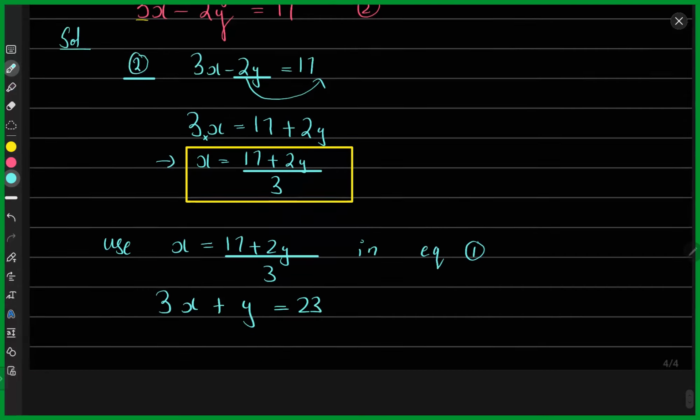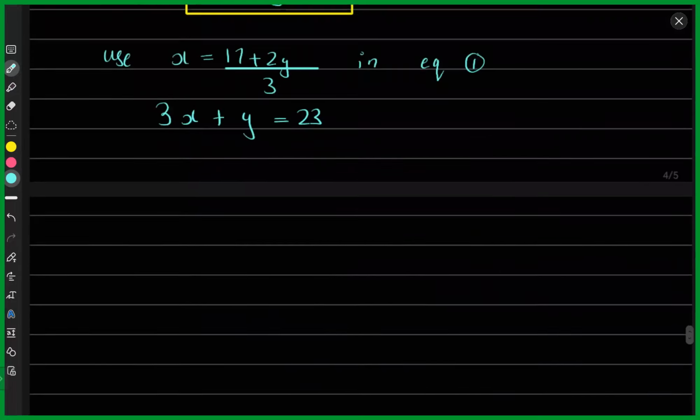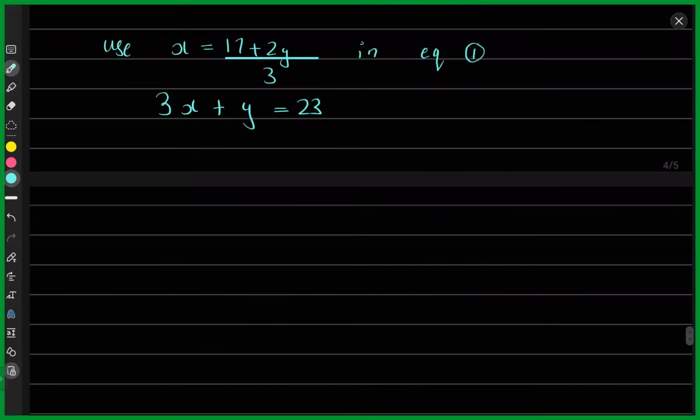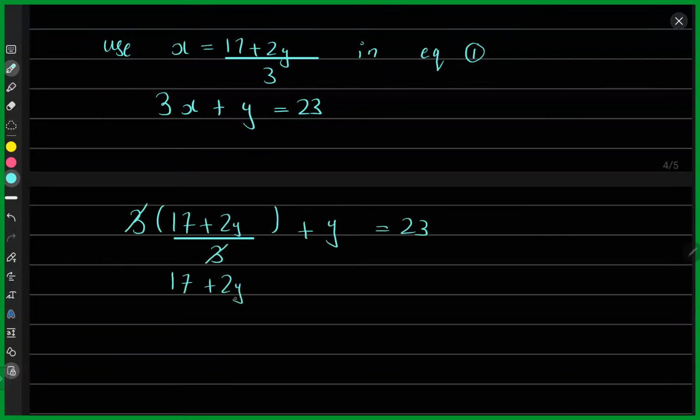I need to use x in equation 1, so this would give me 3. Instead of x, I'll write down the value of x, that is 17 plus 2y divided by 3, plus y equals 23. Next, 3 and 3 can be cancelled, okay? And I am left with 17 plus 2y plus y equals 23.